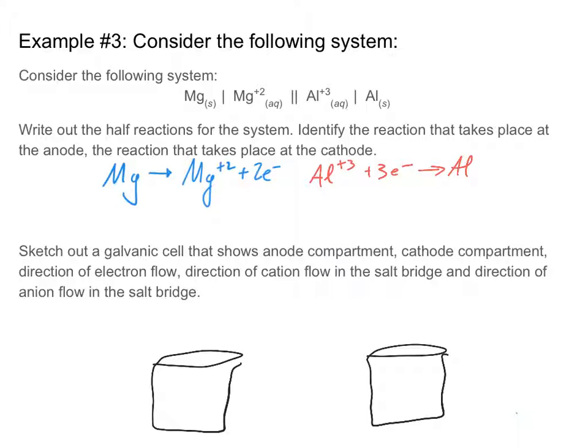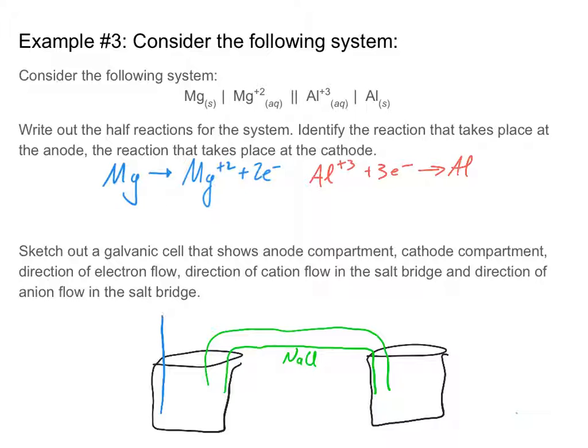The other thing that's going to happen is I need to have a salt bridge. So I'm going to draw my salt bridge that connects these guys. And I'm just going to use NaCl because that makes a lot of sense to me. Okay, and then I'm going to need an anode.